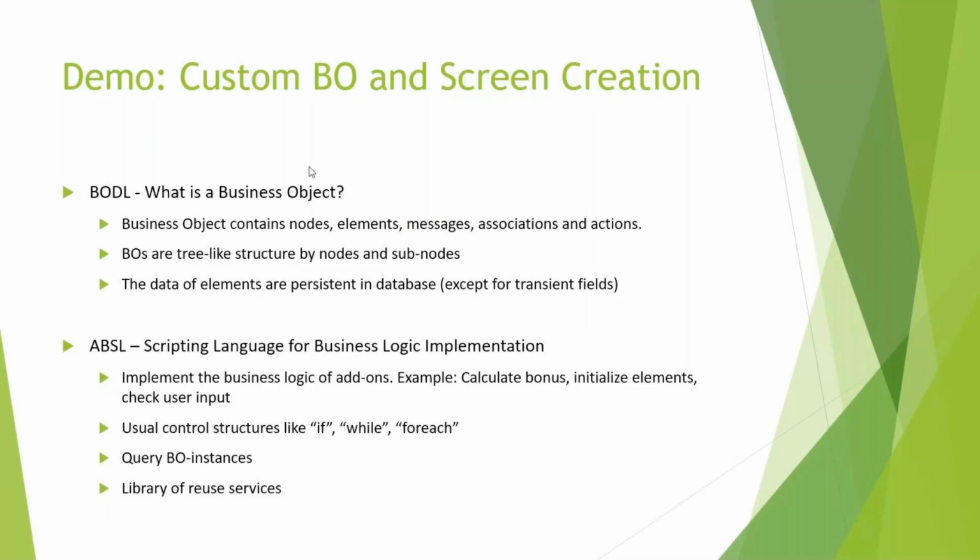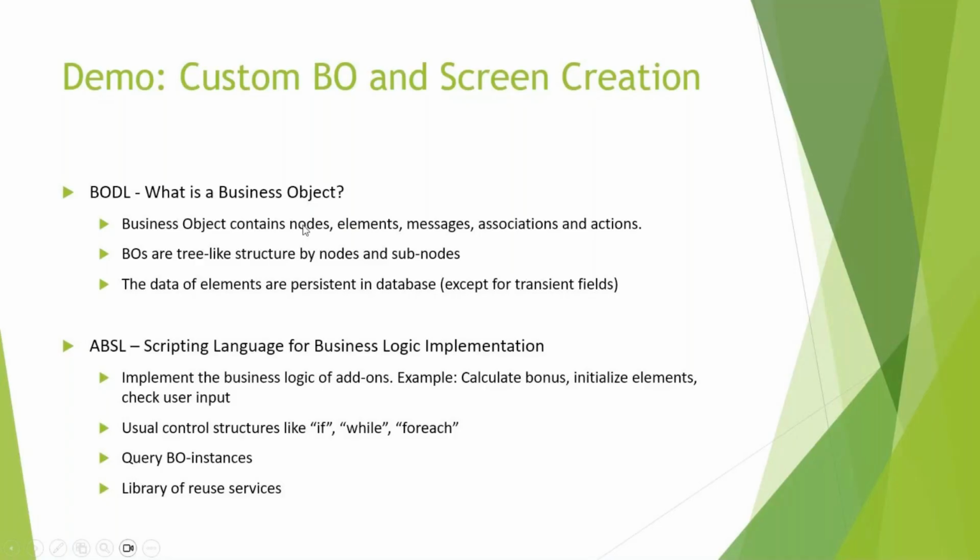Business object is nothing but a table in a database, which will have some elements, and then the alternative key, which is a unique distinguisher for that business object, and then the tree structure, let's say one node and then sub nodes, and so on. So mainly it consists of elements and nodes.